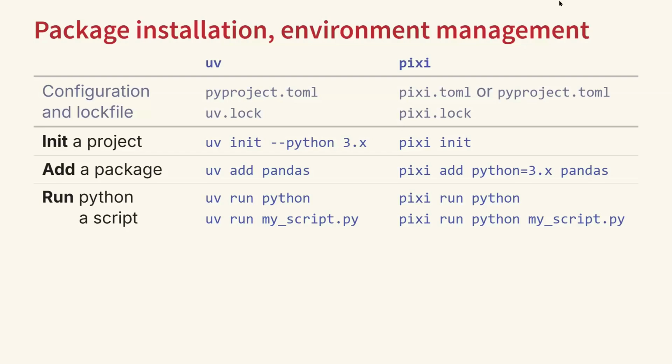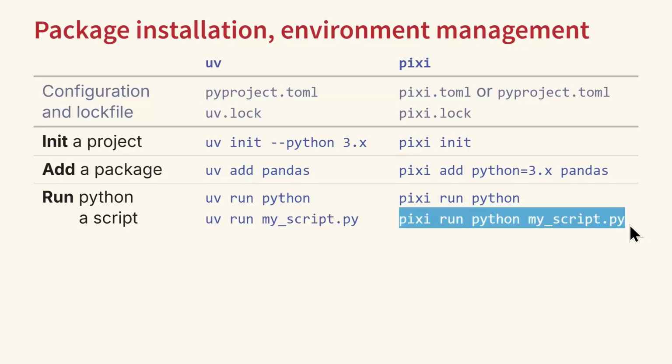So a few things to point out here. When you run a script, either in UV or in pixi, you don't activate the environment first. The standard pattern is that if you're in the project directory, you use UV or pixi to run Python, and the environment will effectively be activated for that command call. There's a few slight differences.